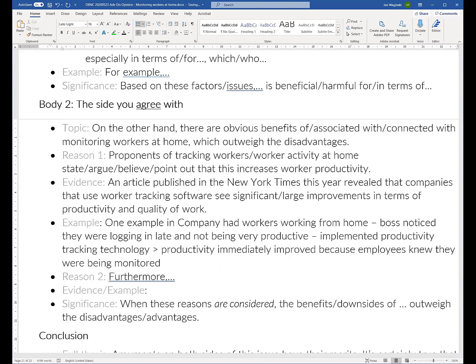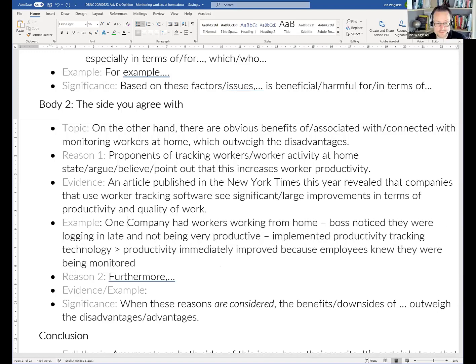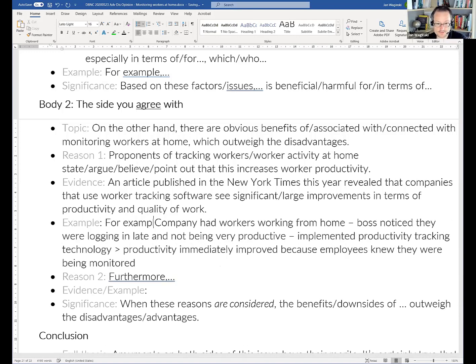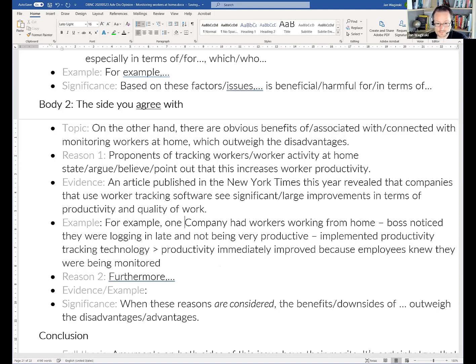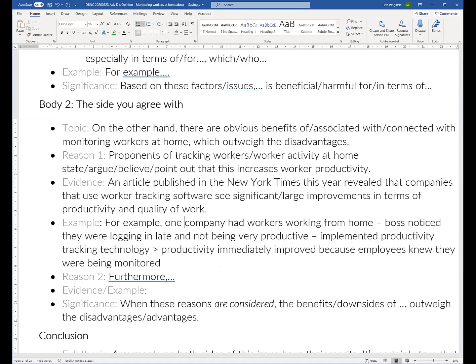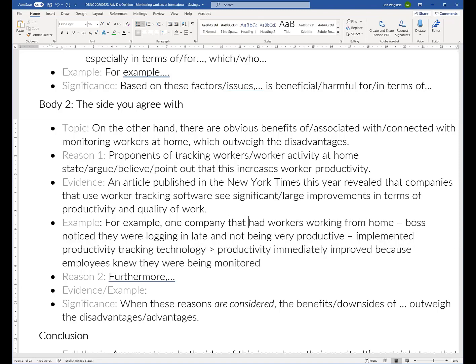Okay. Or let's keep it simple. Let's just say, for example, one company had workers working from home. Boss noticed they were logging in late and not being very productive.